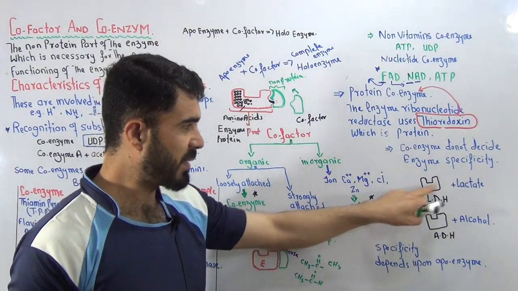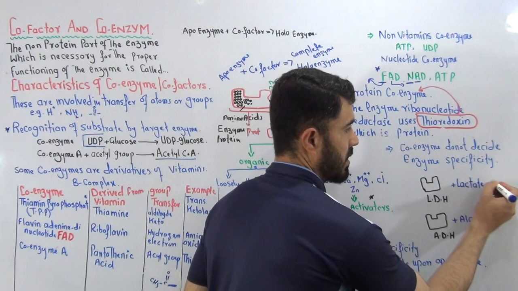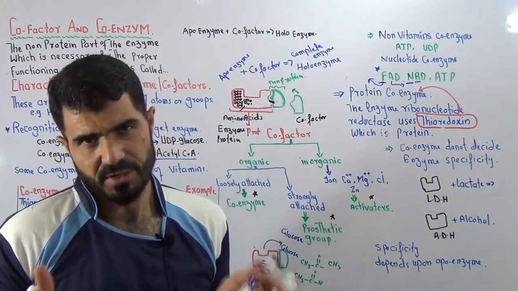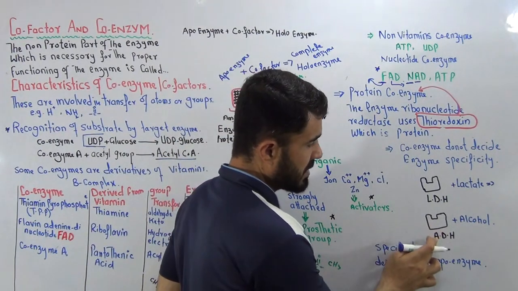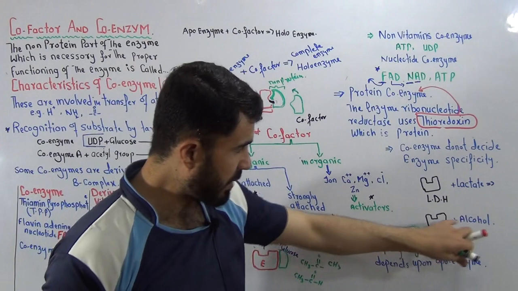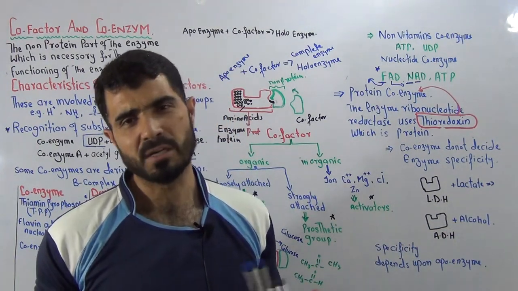It means this enzyme acts on lactate. When it acts on lactate, the reaction will be different. Another enzyme is alcohol dehydrogenase. This enzyme will act on alcohol. Now these two reactions are not the same. These two are different reactions.